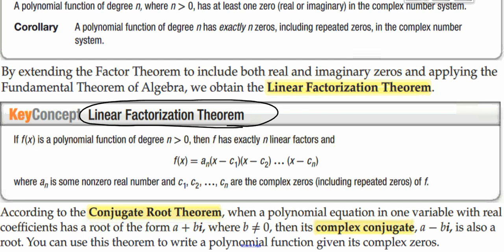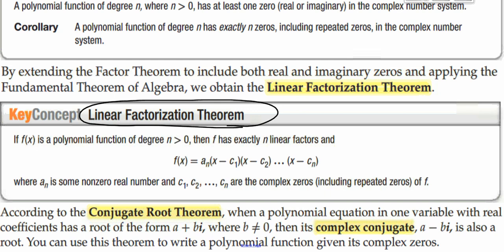So if the polynomial function f of x has a degree greater than 0, then f has exactly n linear factors, where a sub n is some non-zero real number. So maybe it was a common factor through all of that. And c1, c2 through cn are complex zeros, including repeated zeros.